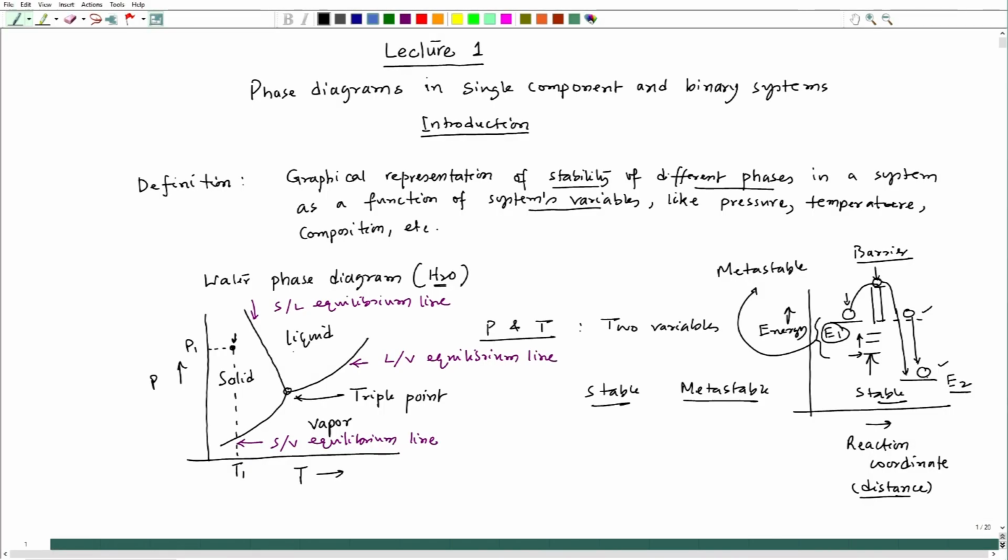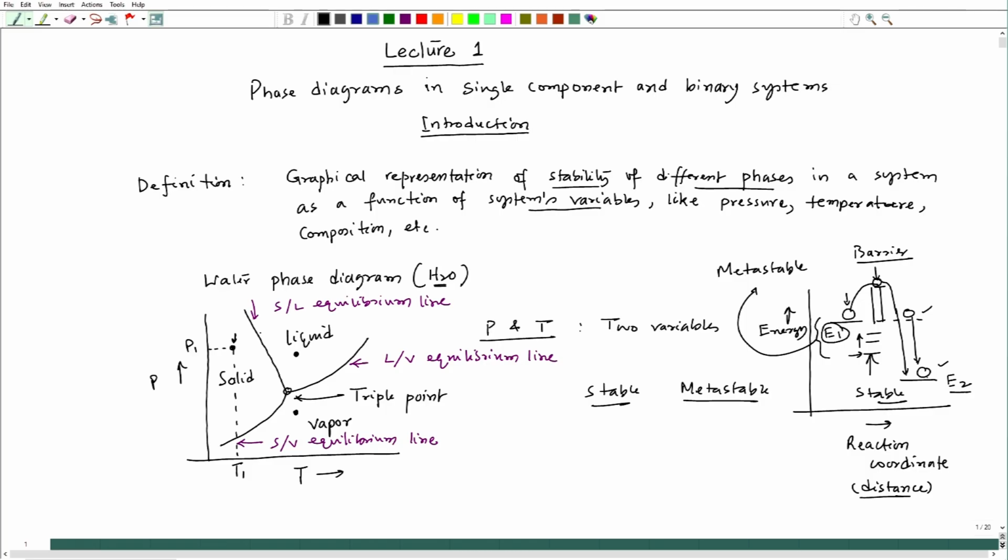Once we consider it to be a stable zone, I mark it as a stable phase that is existing there. Similarly, I can have liquid positions or vapor positions, and accordingly I will get a single stable phase.